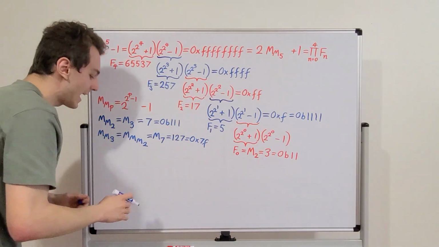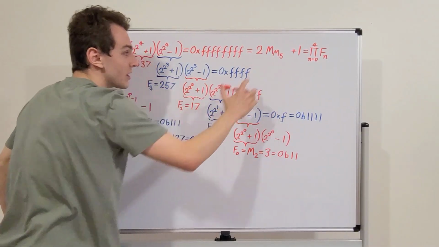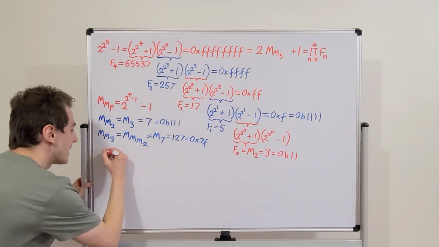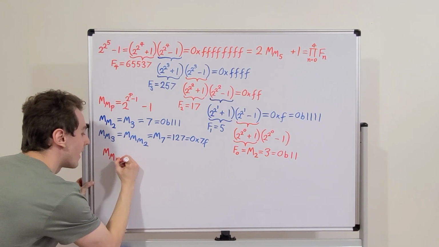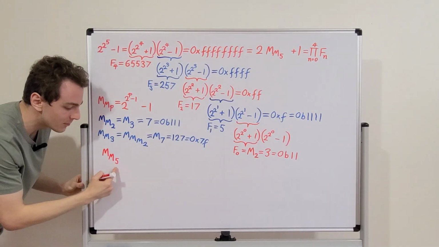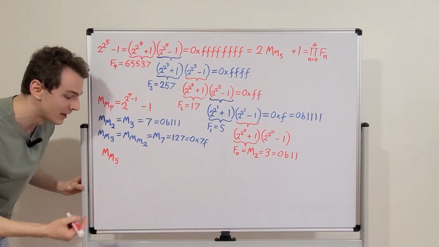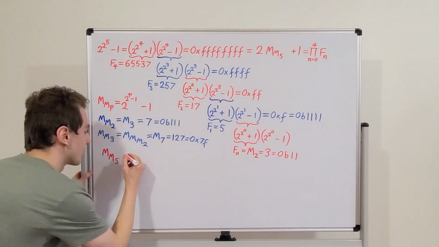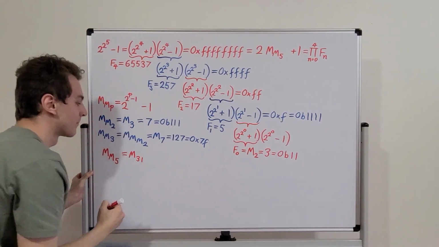And now let's have a look at a very interesting double Mersenne prime. That is this one over here that is relevant for the Y2K38 problem. We can write that as m sub 5. What is m sub 5? That is 1 less than 2 to the power of 5. What we're dealing with over here is 31. That's the quantity that we're dealing with. So we can write this as m sub 31.